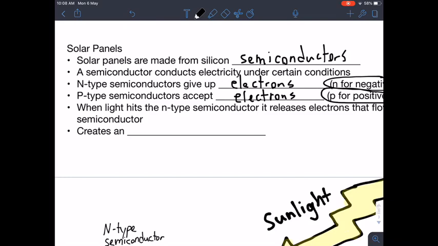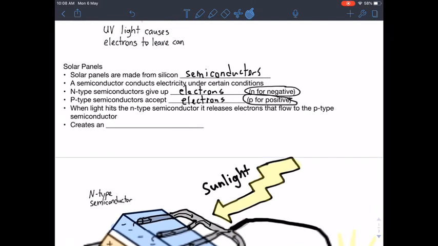P stands for positive. So because semiconductors are a kind of metal, they exhibit the photoelectric effect. And so when light hits an N-type semiconductor, it's going to release the electrons from the N-type semiconductor.